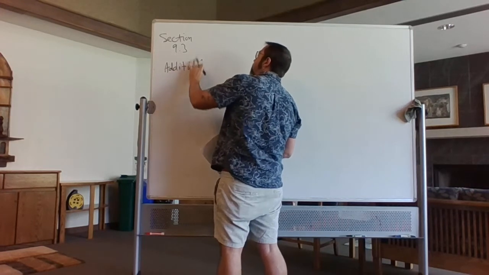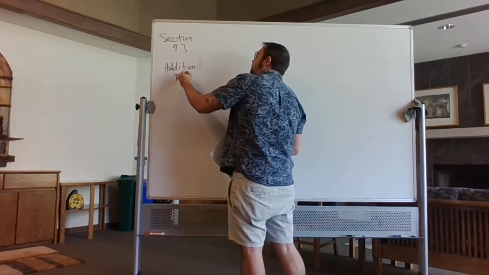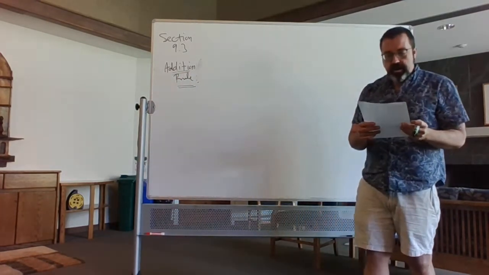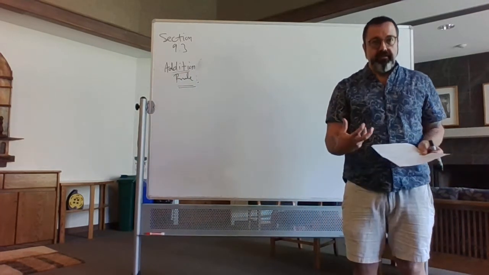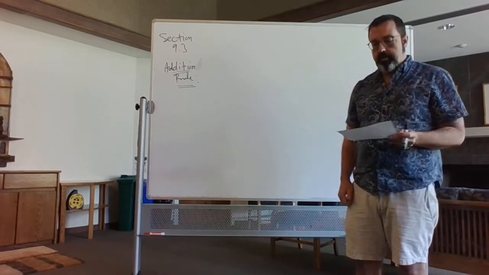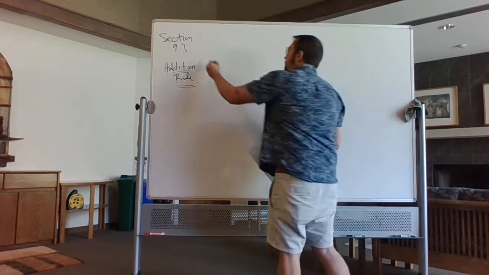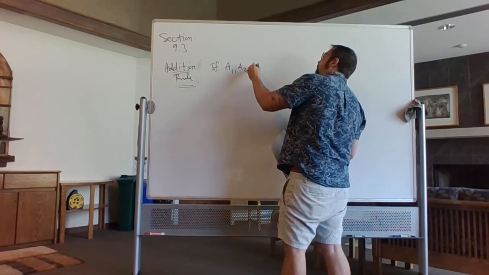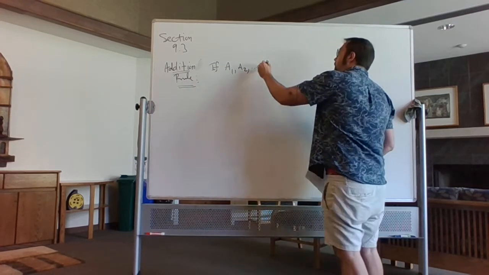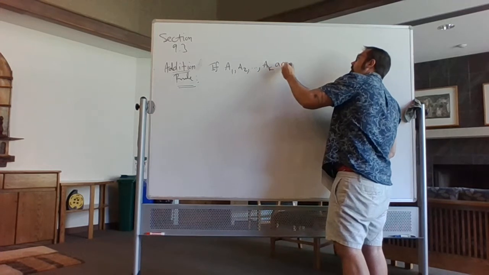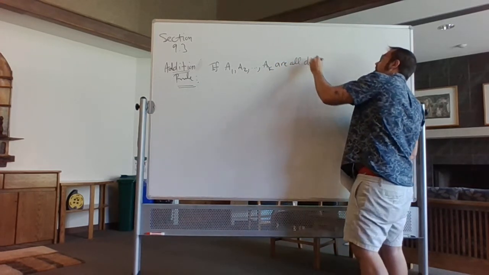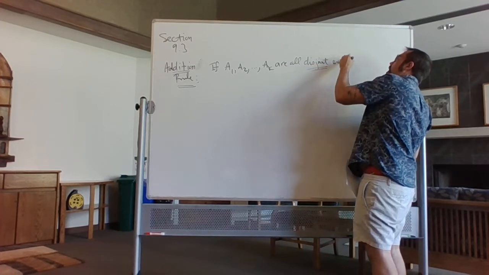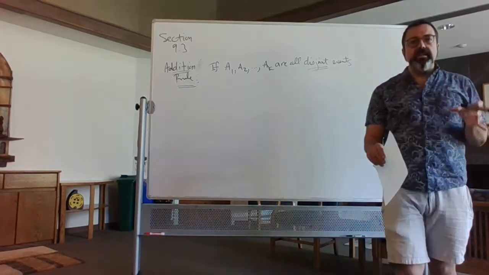The addition rule says that if you have a bunch of disjoint events or outcomes from some process, if A1, A2, and so forth up to AK are all disjoint events, what this means is they can't occur together.